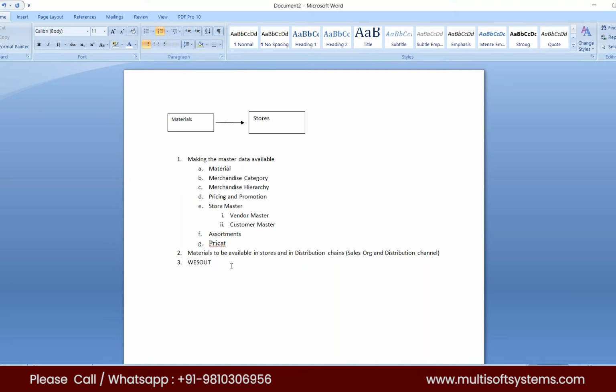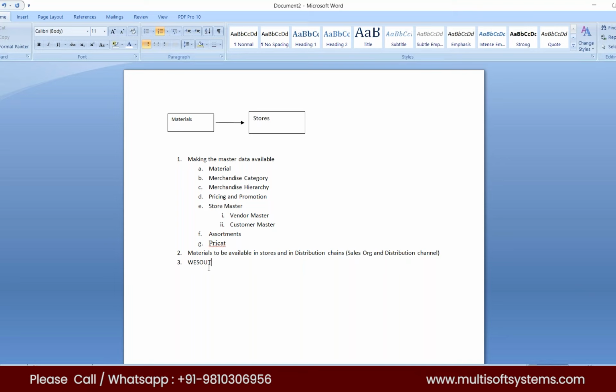You are very much used to the POS end, right? So how the material is to be sent from SAP to the POS end, and how the POS end system is going to deal with the materials, what kind of sales is going to happen there, and what is the final calculation of what is being sold in a specific store. End of the day, what has happened at the store, that calculation has to come back to the ERP system, right? That's where your actual calculations are happening.